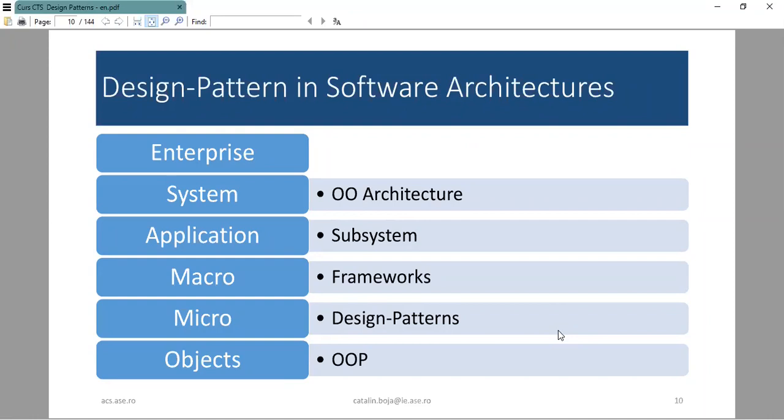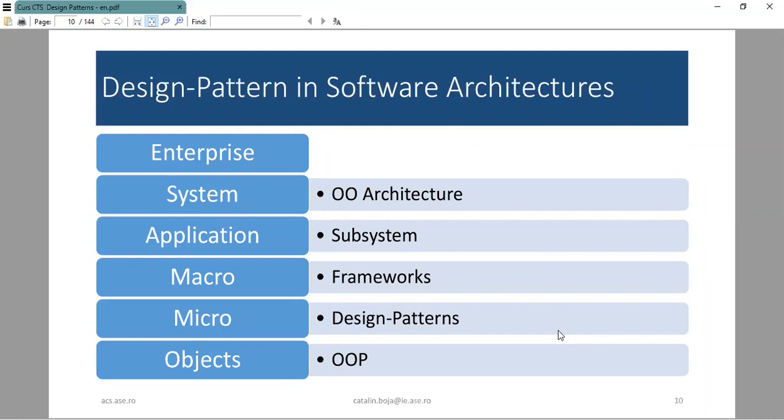Now, design patterns are on top of it. Like I said, design patterns will actually help us manage a class or manage the relation between different classes. So we are very close to classes, which is the bottom level. From this point on, multiple classes that are implementing design patterns form frameworks, collections of classes which are managed by using a pattern.